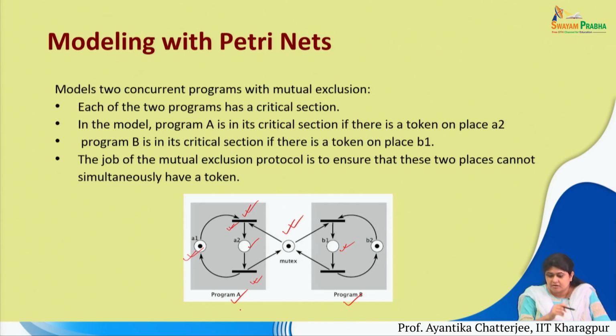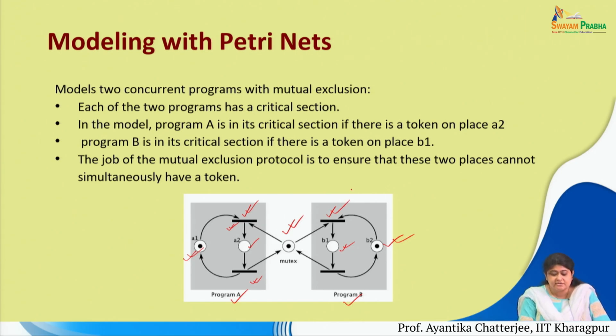Now, once A has consumed this mutex token, this place was holding only a single mutex token, so there is no token left. On the program B side, B is still trying to access the critical resource. Let us say the token in B2 is already present, but the mutex token is not there, so this transition will not get fired.